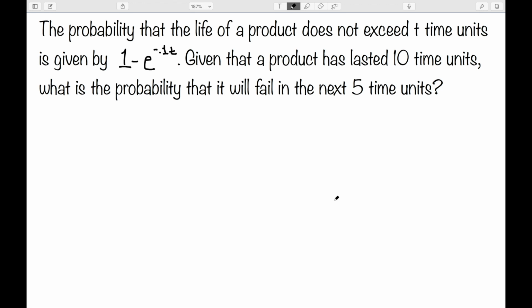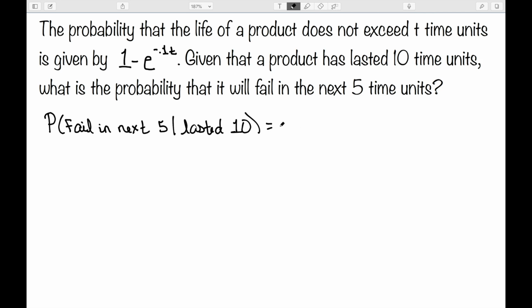Next, the probability that the life of a product does not exceed t time units is 1 minus e to the negative 0.1 t. Given that the product has lasted 10 time units, what is the probability it will fail in the next 5 time units? So we want the probability it'll fail in the next 5 time units, given that it has lasted 10.